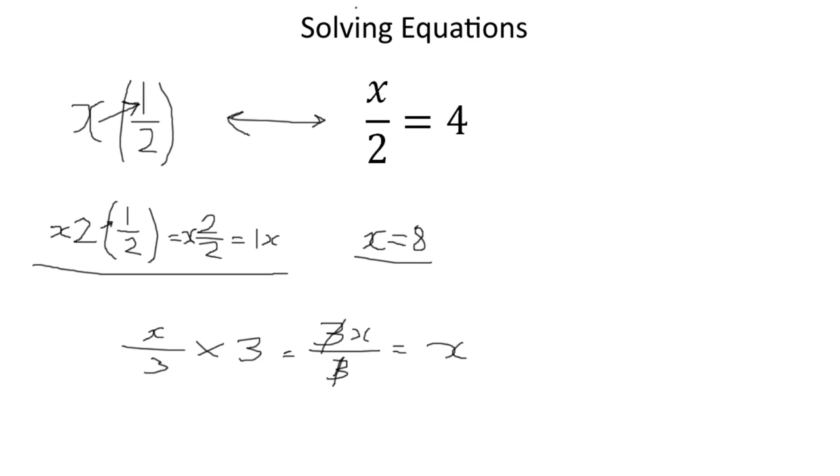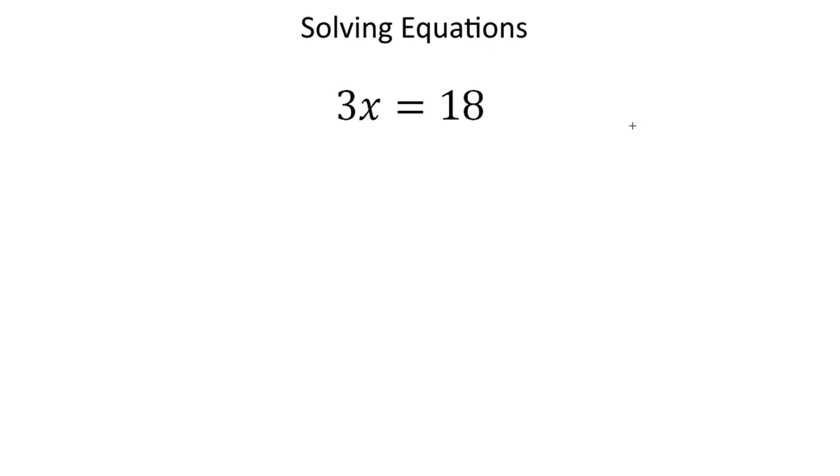Okay, so let's take a look at the next bit now. So this is kind of the reverse now. We now have a multiplication instead. So 3x equals 18. Now, if we want to get rid of the 3 and leave x on its own, as you've probably already guessed, you just have to divide by 3 on both sides.